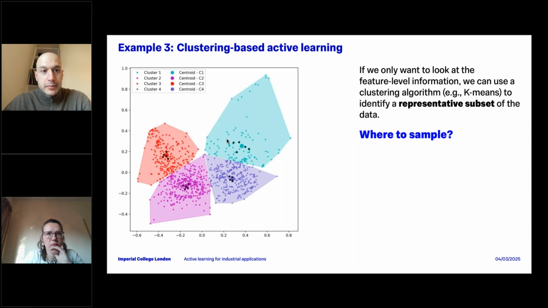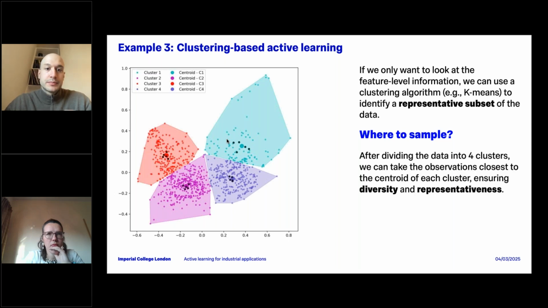In this case, for example, we divided the data into 4 clusters after applying a PCA algorithm to reduce the dimensionality, and eventually we select, for example, if we have a budget of 20 observations, 5 observations from each cluster, which gives us 20 observations in total.